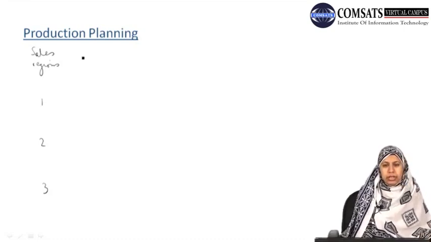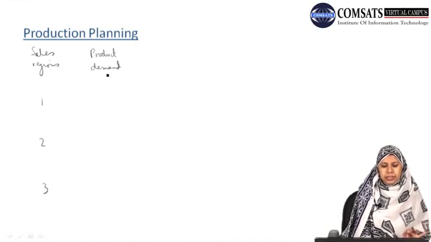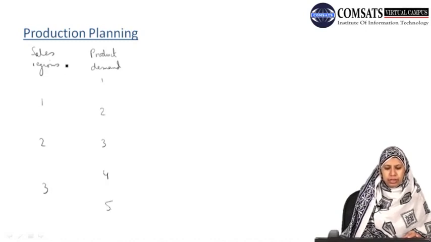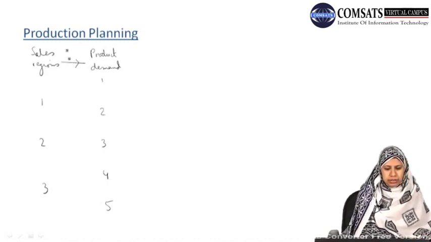Then we have product demand. The company is interested in selling 5 products: 1, 2, 3, 4 and 5. And in between we have our regional demand.